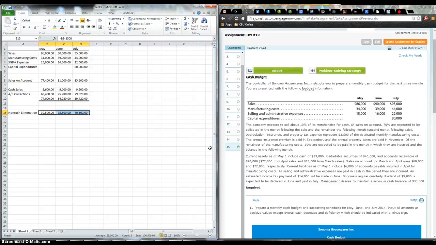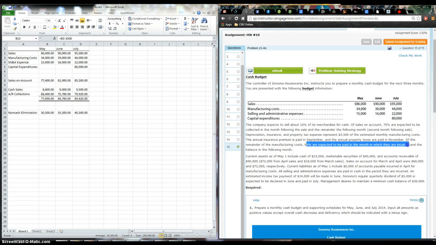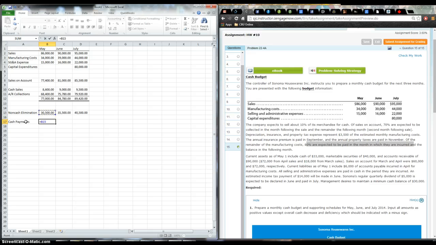accounts payable and when. So it goes on to say, of the remainder of the manufacturing costs, 80% are expected to be paid in the month in which they are incurred, and the balance will be paid in the following month. So let's say cash payments should be B15 times 0.8.